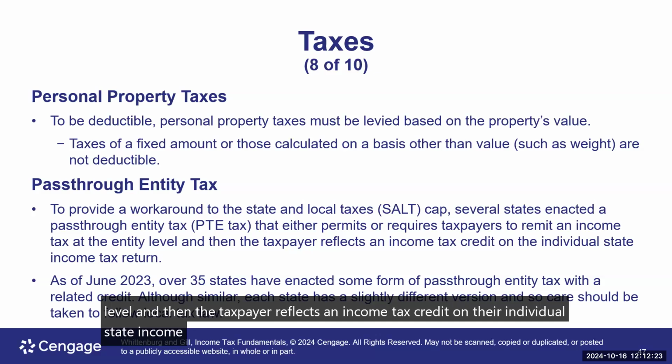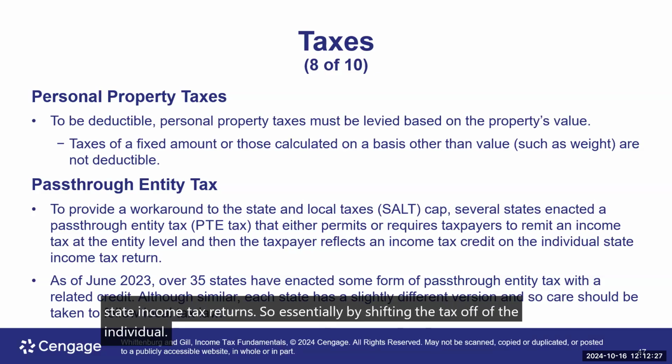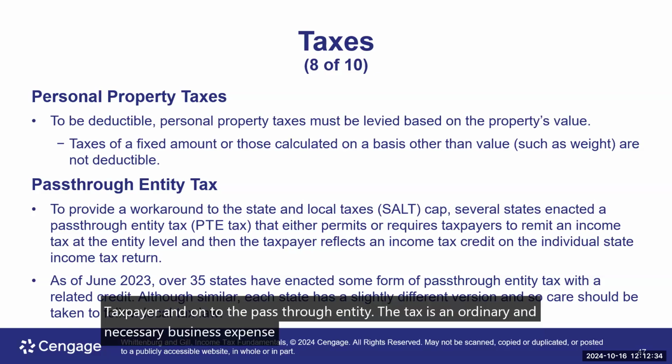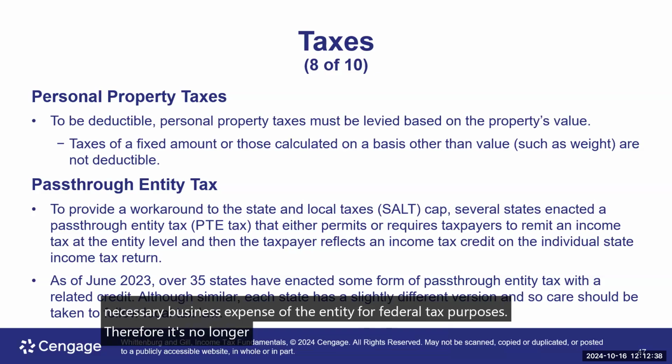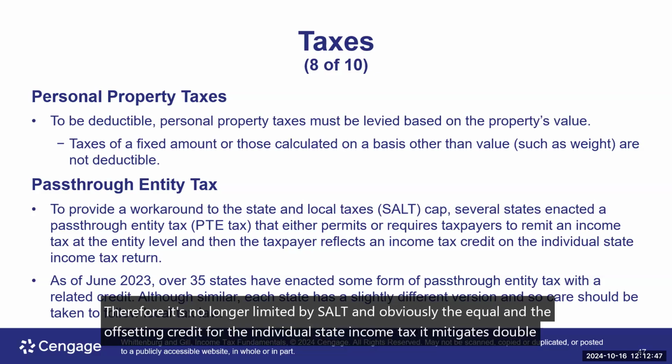So essentially, by shifting the tax off of the individual taxpayer and onto the pass-through entity, the tax is an ordinary and necessary business expense of the entity for federal tax purposes. Therefore, it's no longer limited by SALT. And obviously, the offsetting credit for the individual state income tax mitigates double taxation at the state level.